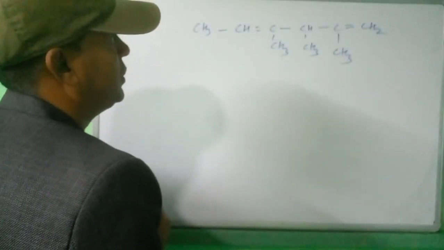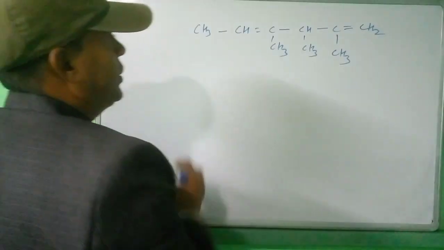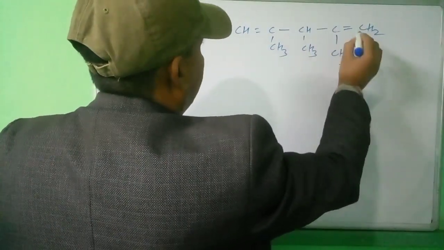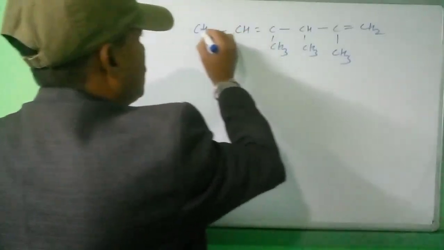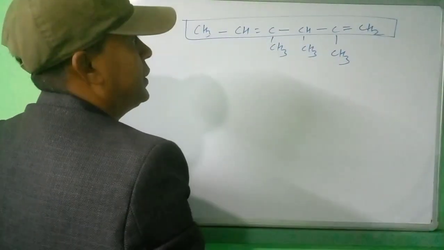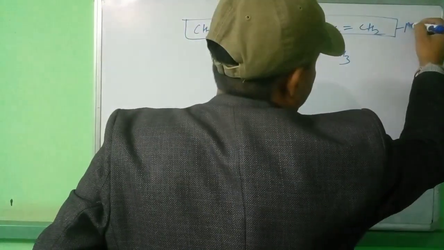Suppose this compound. At first we have to select the longest chain including the double bonded carbon atoms. We have to include this double bond and this other double bond too. Now this is the parent chain.